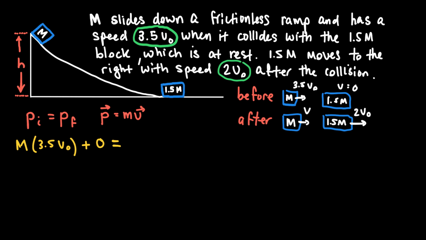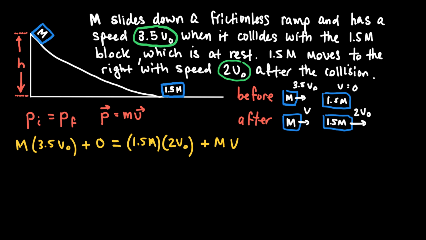After the collision has taken place, the final momentum is going to be the momentum of the 1.5 m box for sure, because it has a velocity. So its mass is 1.5 m, and its velocity is 2 v0. And then the momentum of the box with mass m, which is its mass m times some speed v.